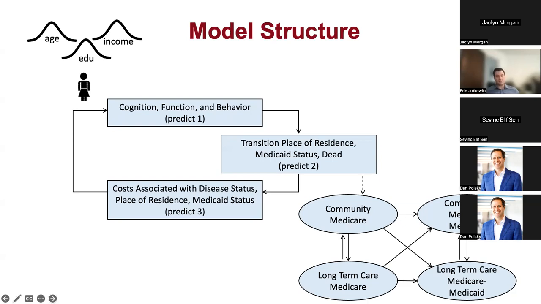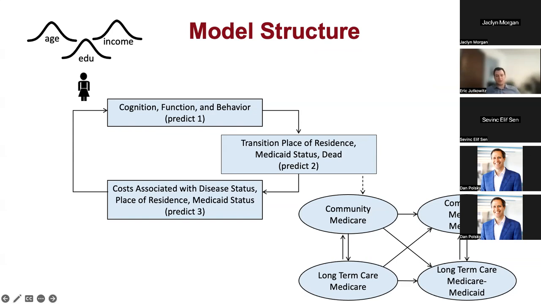So this simulated person has an age of onset, for example, an educational attainment, so number of years of education, a net worth or income, a gender, a race, comorbidities, characteristics of their family caregiver.